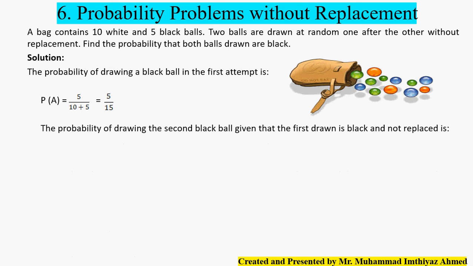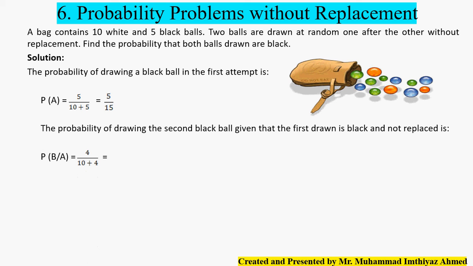Now in the second attempt, the probability of drawing the second black ball, given that the first drawn is black and not replaced. When you don't replace, after taking one ball, there will be only 4 black balls left. And the total out of 15 will be reduced to 14, as probability B shown below.